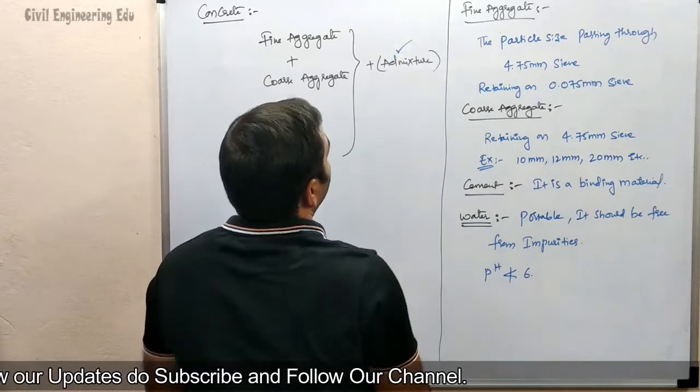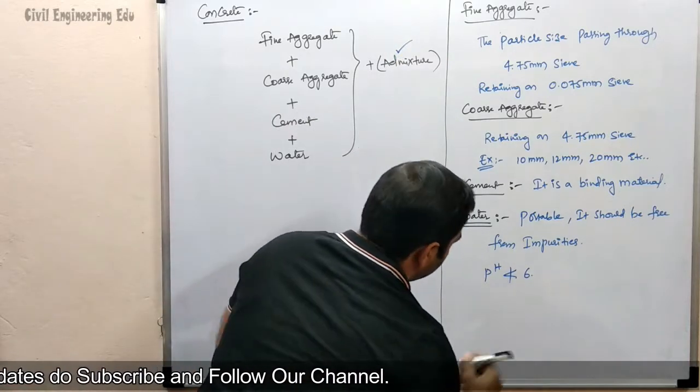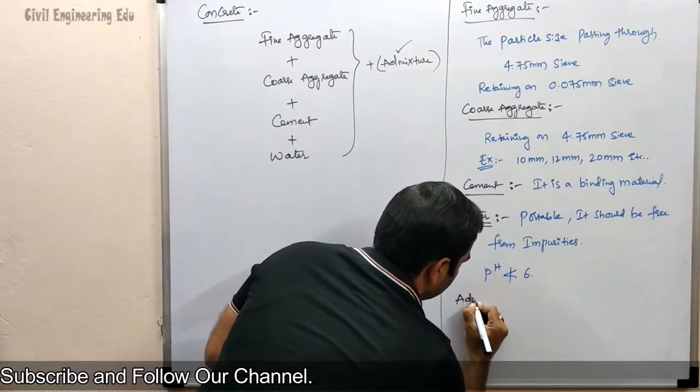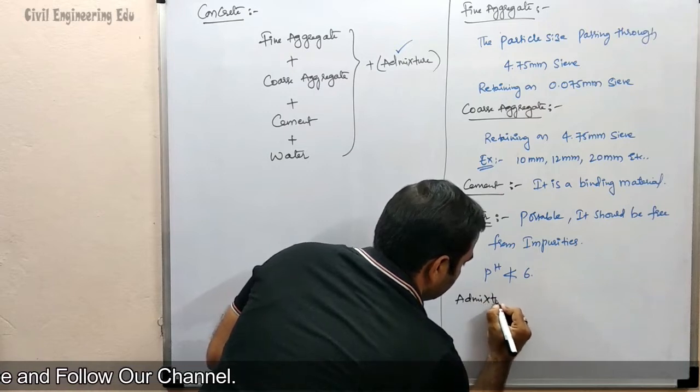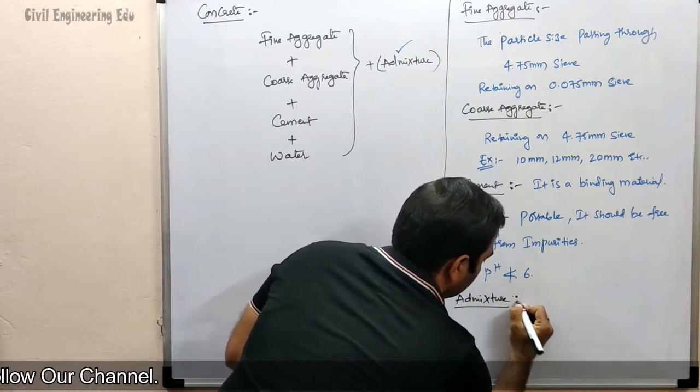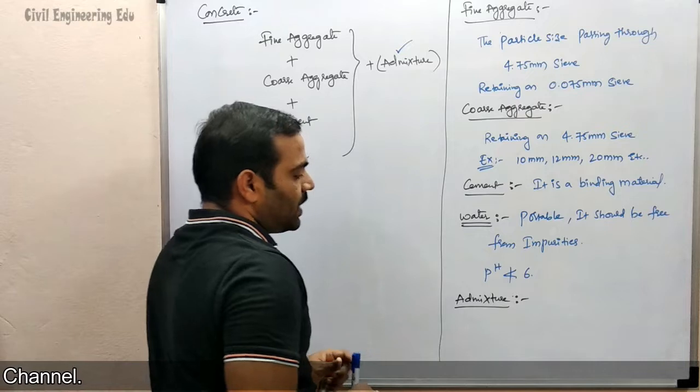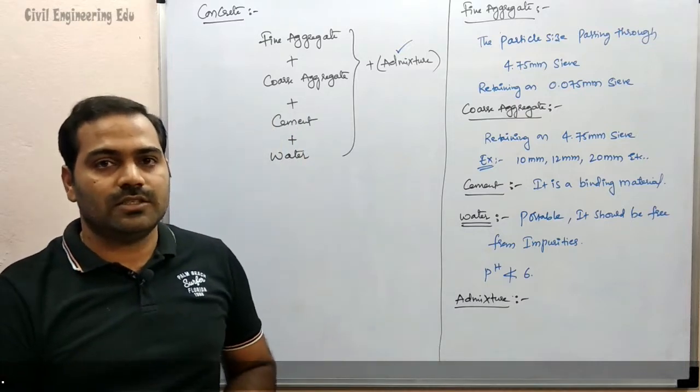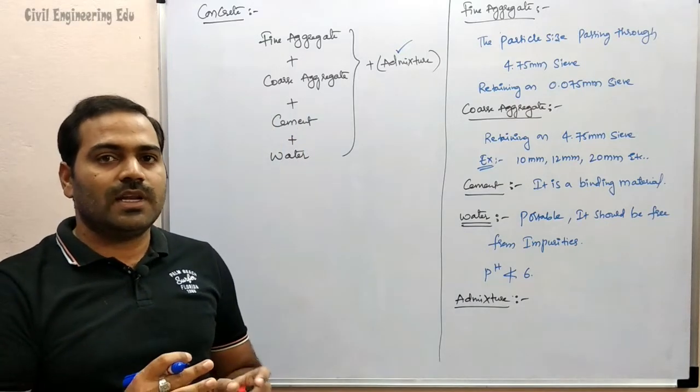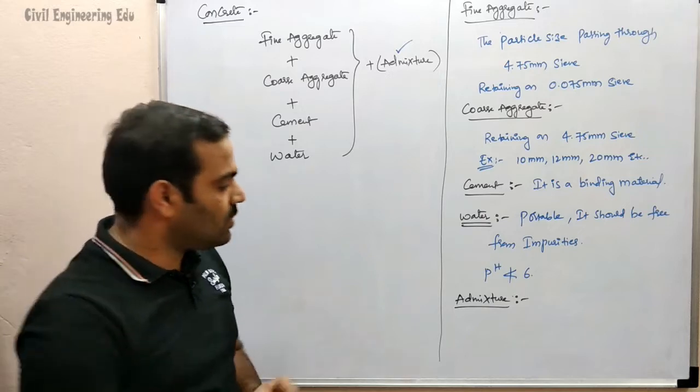Additional to the mix we use admixture. So let us see what is admixture. Admixture is the material which is used in the mix of concrete which will alter the properties of concrete.